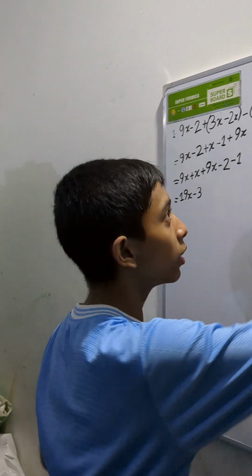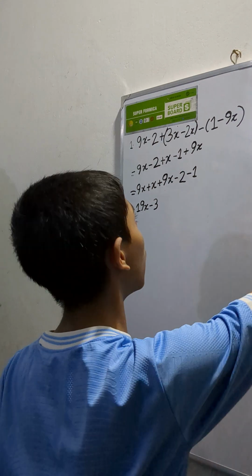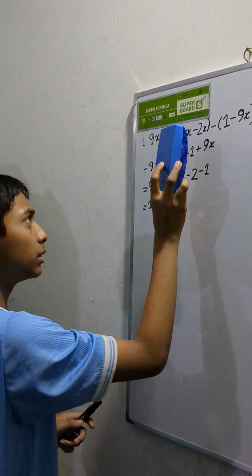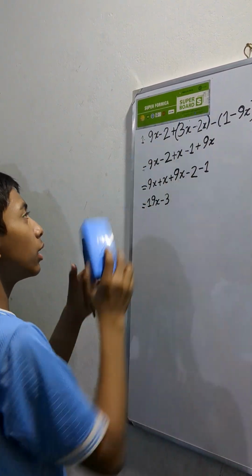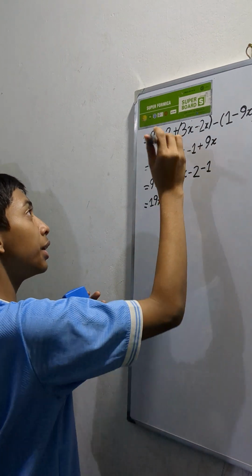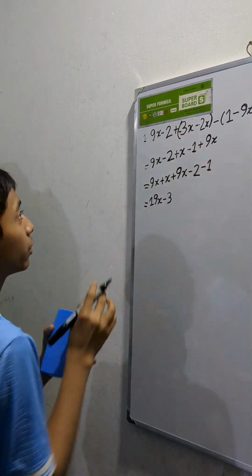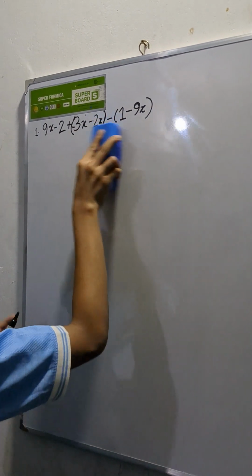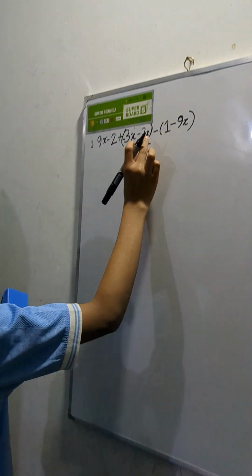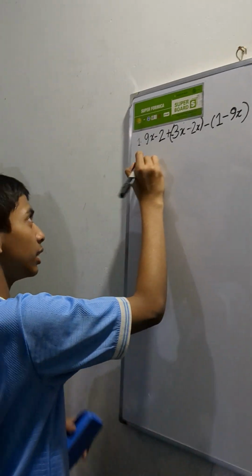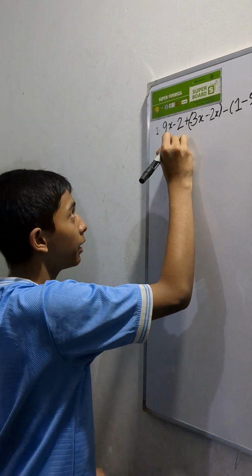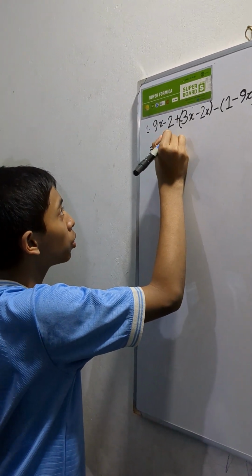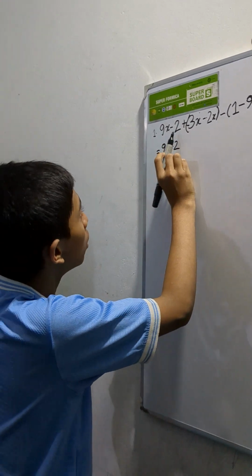Okay. If before 3 here's a minus sign, what can we do? Then it would be like this, 9x minus 2 is plus sign.